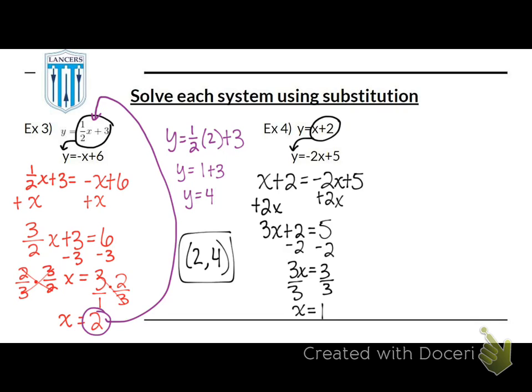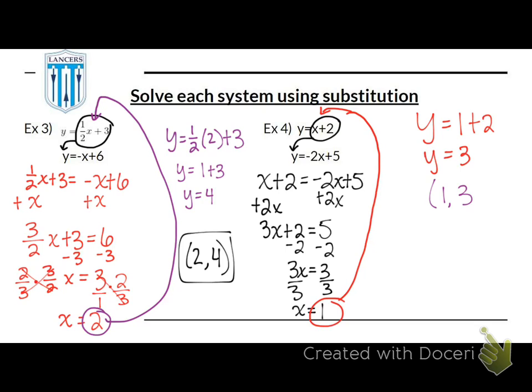All right, we found one variable, so we're going to take that number and pull it all the way back up to the top and plug it into x so that we can find y. What does y end up being? 3. Always write your answer as an ordered pair, x, comma, y. So this time it is 1, 3.